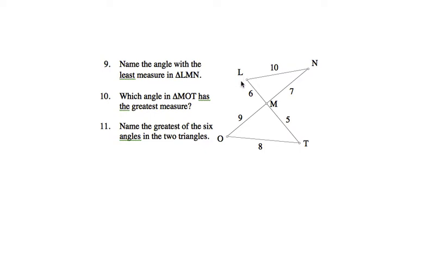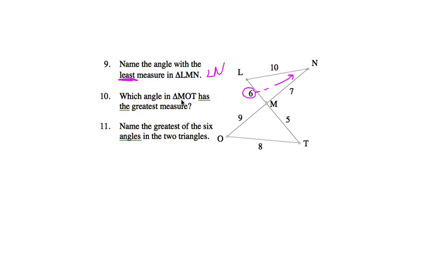Last 3 examples. Name the angle with the least measure in triangle LMN. So triangle LMN has sides of 10, 7, and 6. So if I'm looking for the least measure, I'm looking for the smallest side. The smallest side would be side 6, and I draw across, which would be angle N, is going to be my smallest angle.